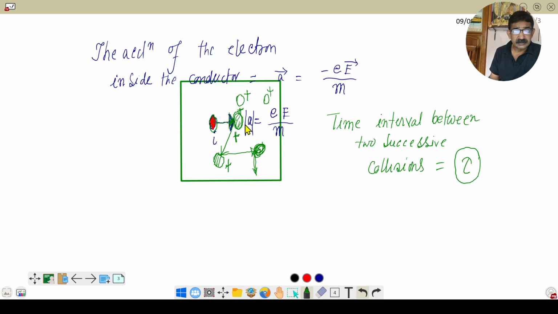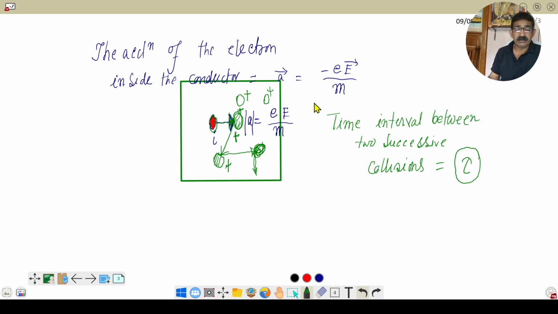This will continue, and the continuation of this process will give the electron a velocity along a particular direction depending upon the field. So the field determines the motion of the electron inside the conductor.